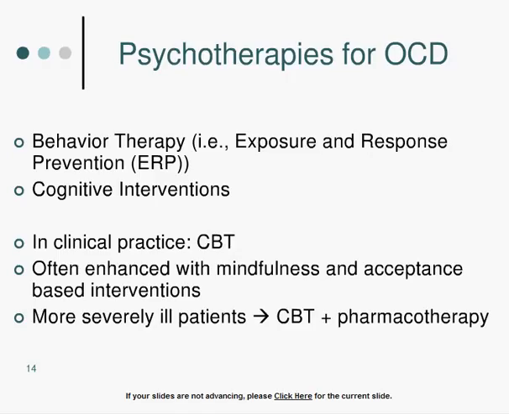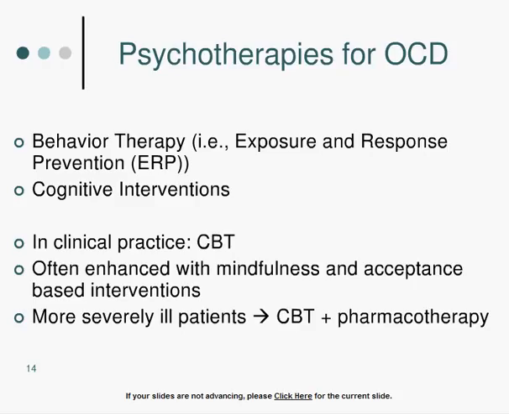And what we have seen over the last few years is that behavior therapy is increasingly enhanced with cognitive interventions. So in cognitive interventions, you basically get your patients to examine their thoughts in terms of their validity, how valid are your thoughts, and also in terms of their usefulness, how helpful are these particular thoughts.